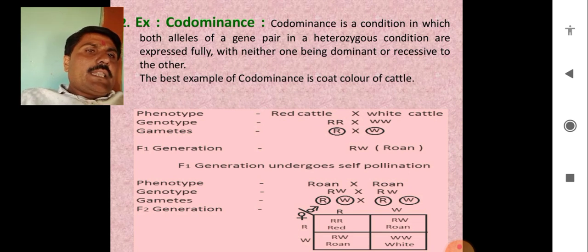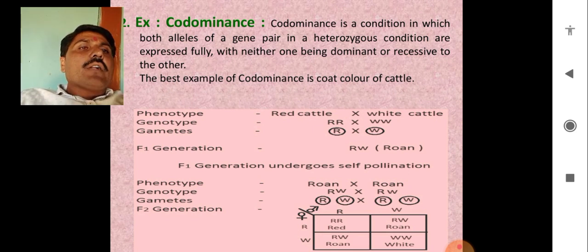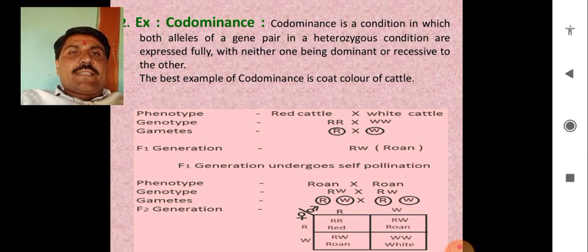But what we see in codominance in the case of coat color of a cattle is that the red one has reappeared, the white one has reappeared, and the roan that we got in the F1 generation has come 2 in number, that is, no dominancy and no recessiveness have been observed. That is codominance, somewhat equivalent dominance as well as recessive.